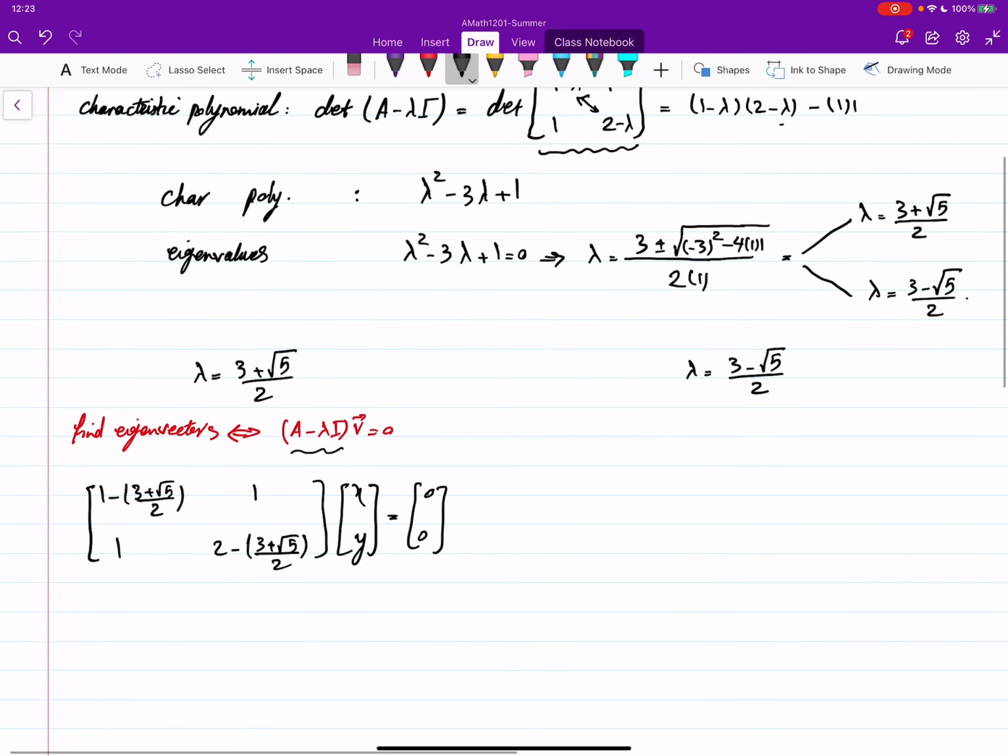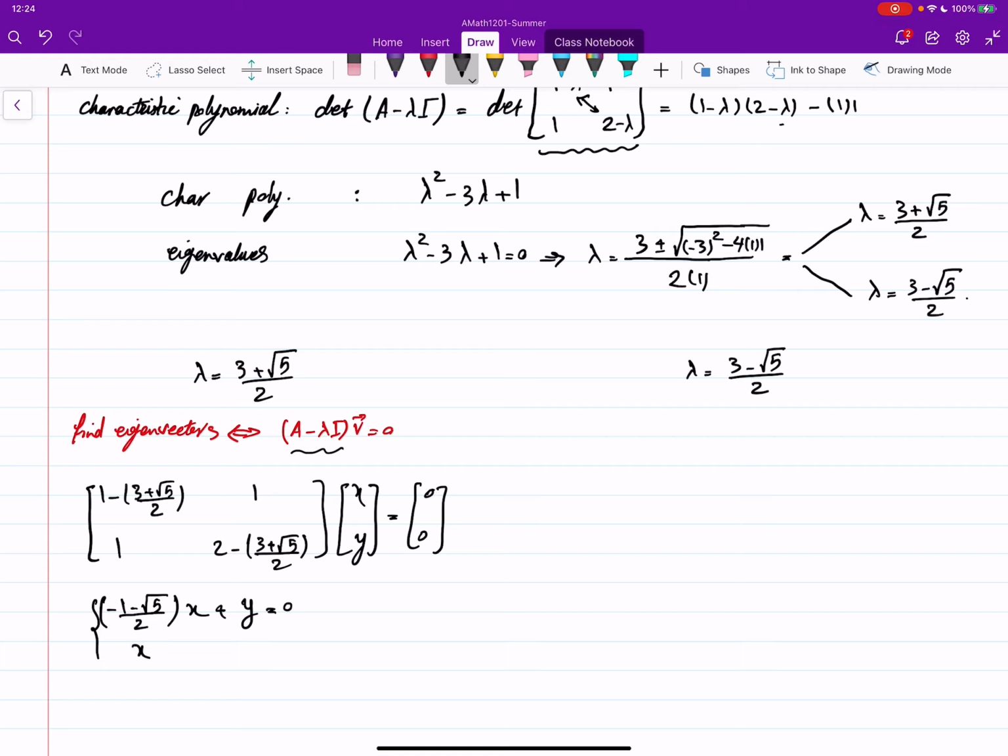If you do the simplification, 1 minus 3 over 2 is negative 1 over 2, and then I can again find the common denominator. The first equation is negative 1 minus root 5 over 2 times x plus y equals 0.